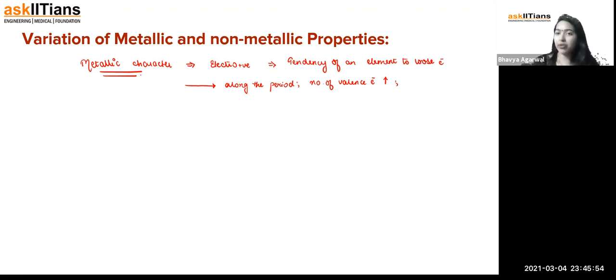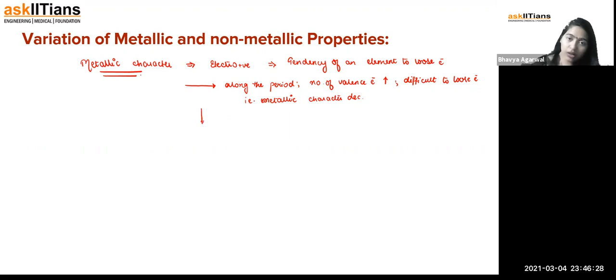The valency would be more towards gaining an electron than losing an electron. So it becomes difficult to lose electrons, and that is why metallic character decreases, right?